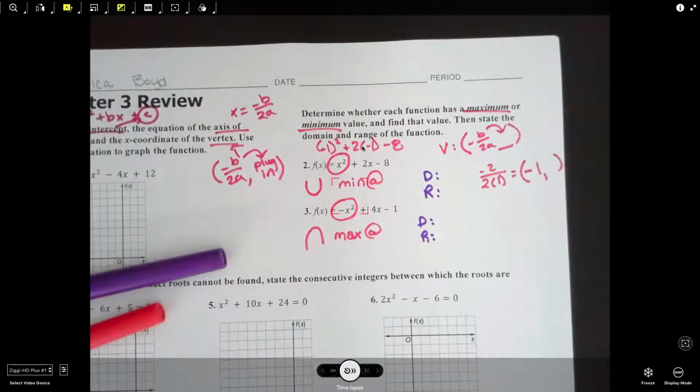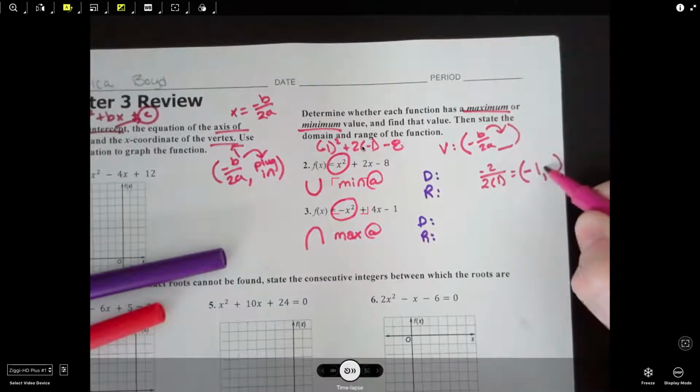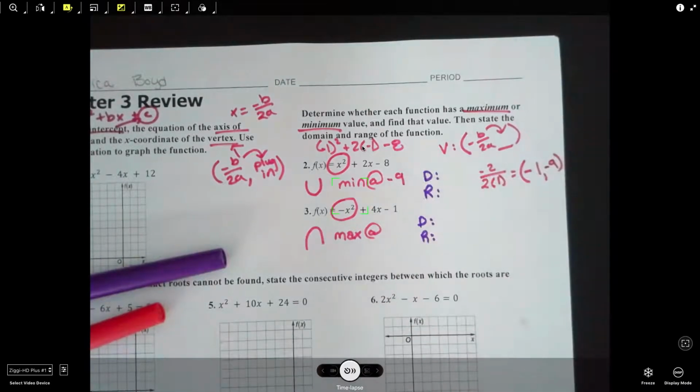Somebody tell me what that gives you. 1 minus 2 minus 8? Negative 9. So my minimum is at negative 9. The absolute lowest spot is at negative 9, right?